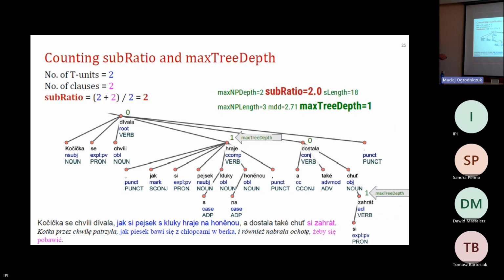And you don't have any clause below that, so you are stuck with 1. If you go to the other conjunct, you count it separately, as with noun phrases, for different conjuncts at the top level, and you get the same here. So that's the 'in order to play' clause. You get the same number here, so the max tree depth is 1.